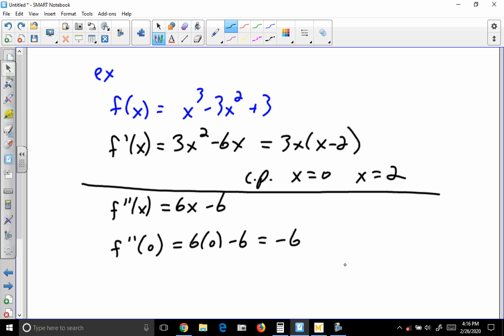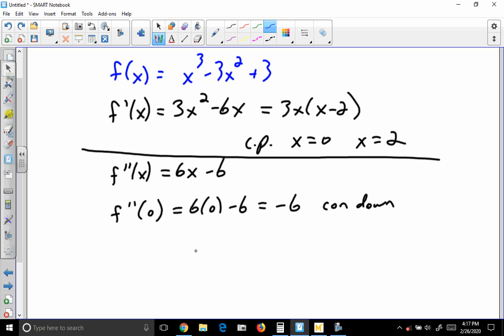So remember what the second derivative tells us. That tells us concavity. So we're concave down at that point. But remember, this is a critical point. This is a point where we have a horizontal tangent line. So if we're concave down at that point, then x equals 0 is a maximum. Now let's do the same thing for x equals 2.